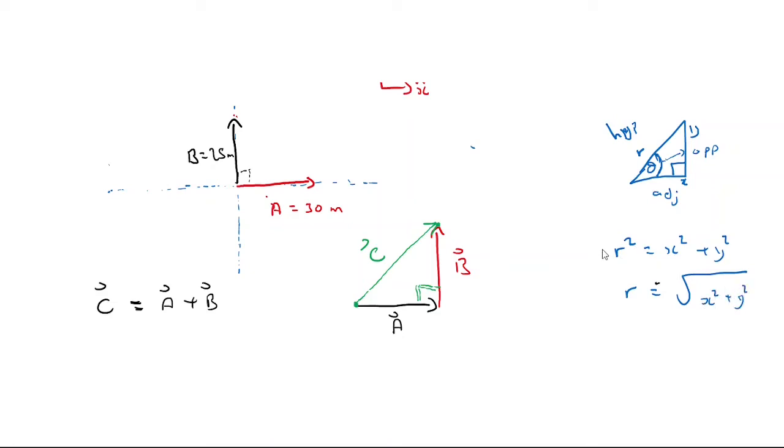If I wanted to find the direction, I would use the tan of theta: tan theta is opposite, which is y, over adjacent, which is x. So this is how we find the magnitude and the direction of all resultant vectors.